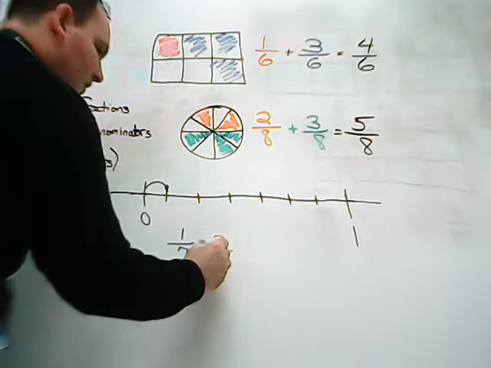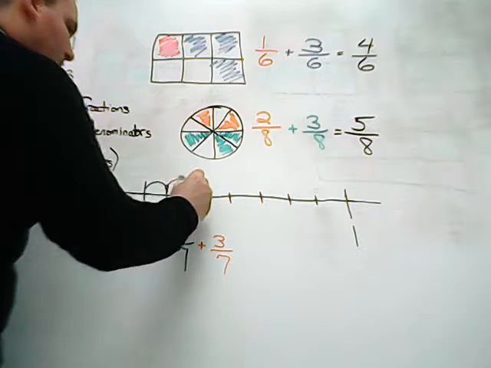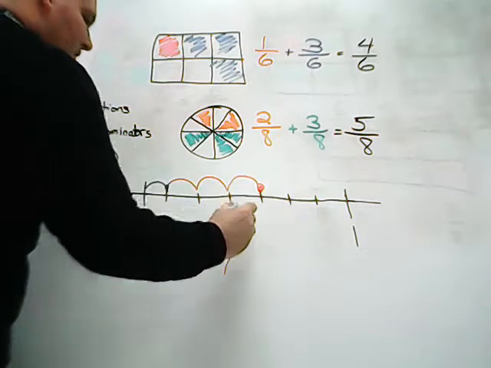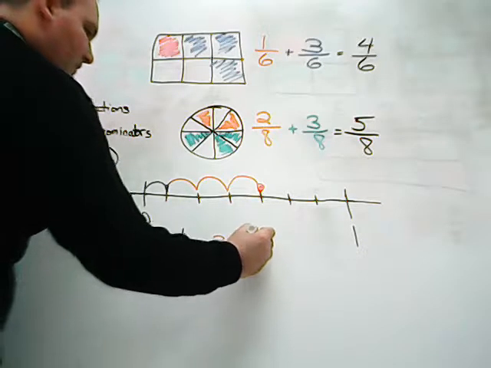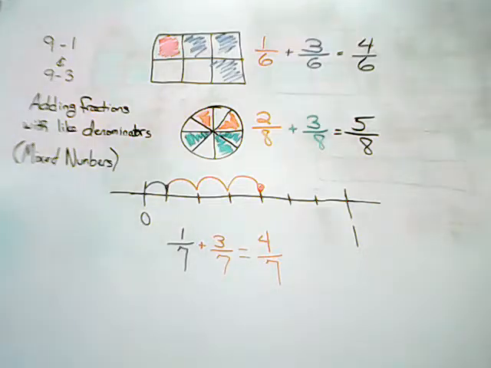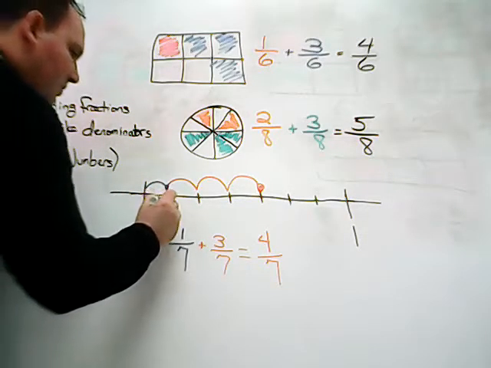Plus 3/7, 1/7, 2/7, 3/7 for a final answer of 4/7. Well, how can I check myself on my number line? It's fairly simple. I can label it.